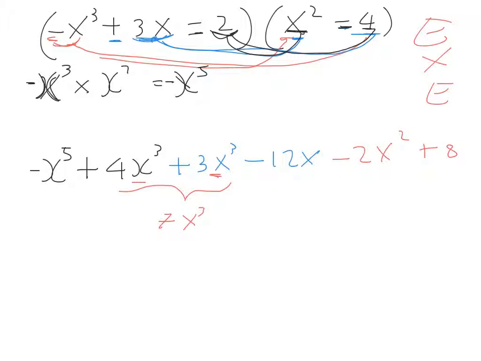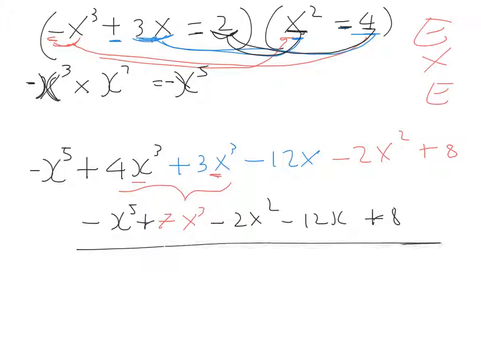The 8 is the only one without x, so all the rest we leave as it is. So we can just write minus x to the power of 5 plus 7x cubed minus 2x squared minus 12x plus 8. This one is our gigantic solution.